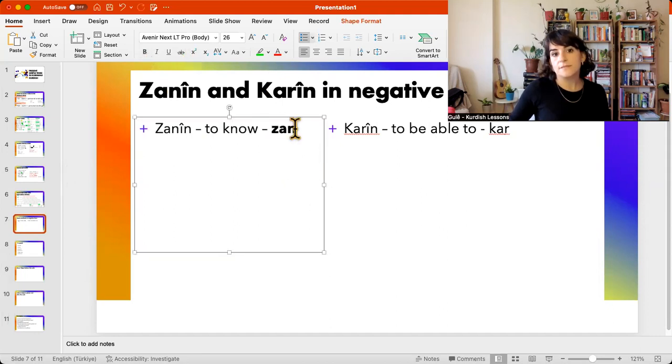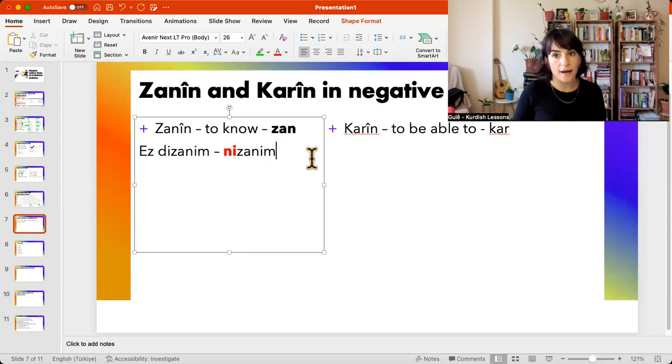So normally the affirmative form is as dizanim, and the negative form is as nizanim. So be careful. These two verbs take ni, okay, not na.